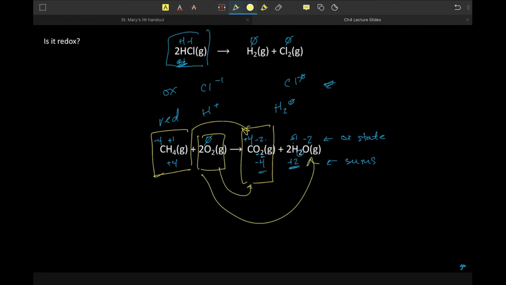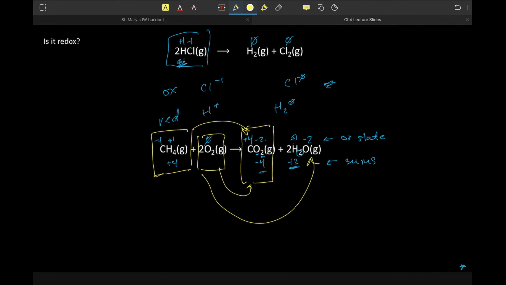Whether you wanted to say here to here doesn't really matter. But oxygen is reduced and methane is oxidized, okay? Now, if we were asked what atom, then we could say carbon goes from -4 to +4. But if we're asked which species is oxidized, we would say methane. Yes, does that make sense? Because carbon doesn't exist separate from methane, okay?